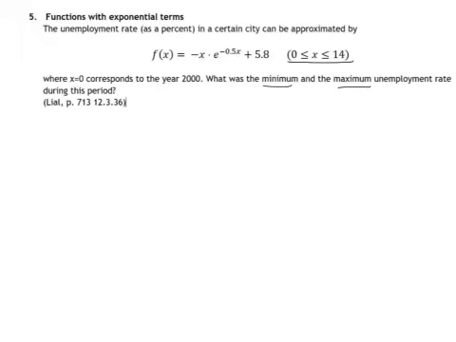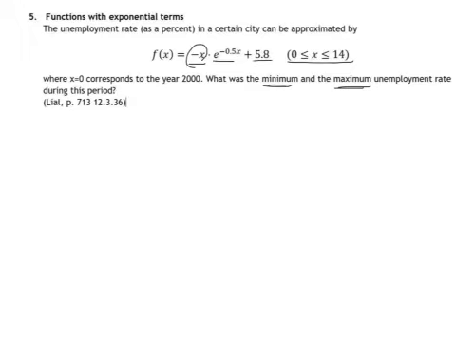So the first thing we need to do is understand that for minimum and maximum, again, we're looking at the derivative of this function, and we need to identify what kind of function we have. You can see that we have an exponential e term, multiplied by negative x, and we have a constant.